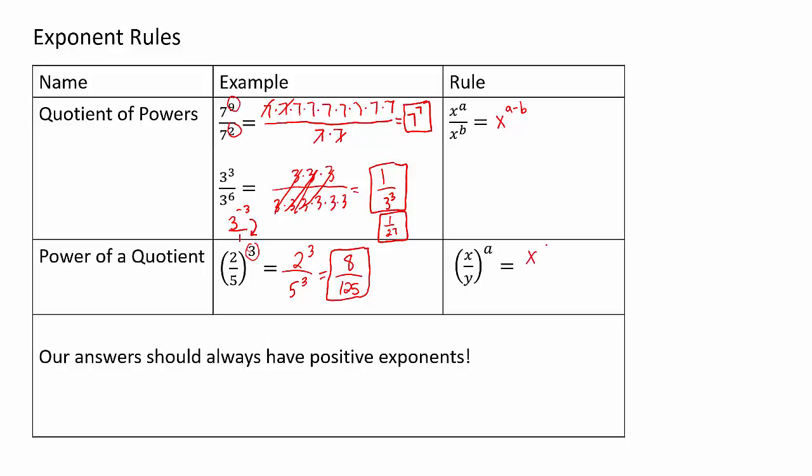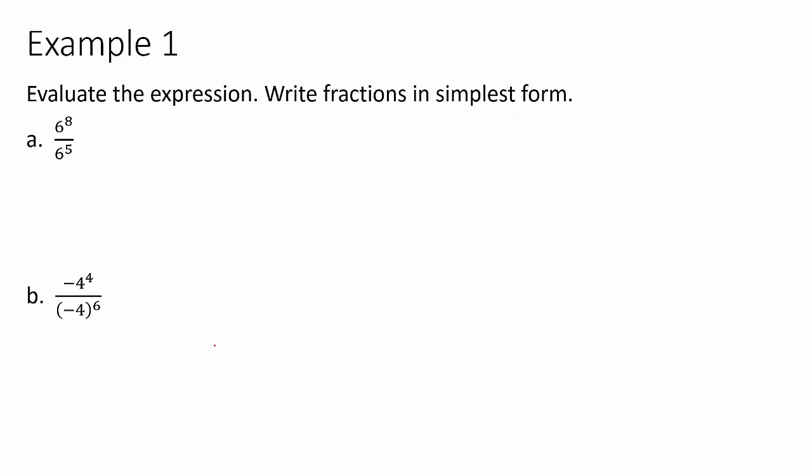So our rule is that x over y in parentheses to the a becomes x to the a over y to the a. And then the biggest thing here is to remember that we always want to make our answer have positive exponents. So if we end with something and there are negative exponents, we're not actually done until we move things around so that they're positive. Let's look at some examples.